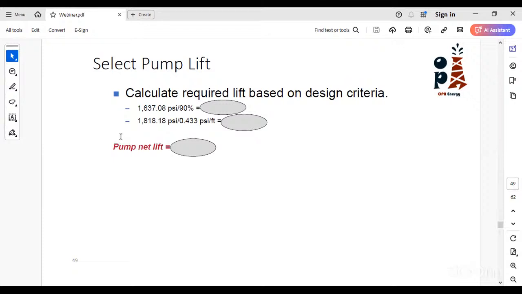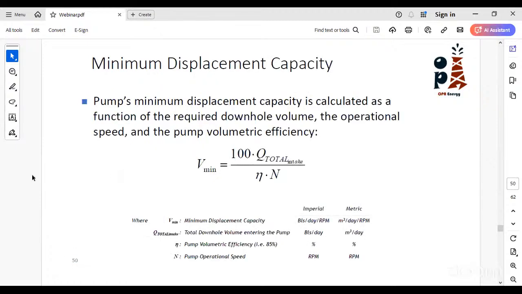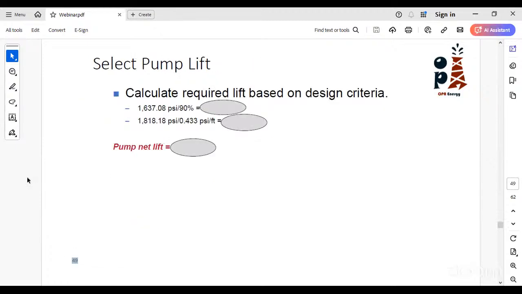So to convert this PSIs to how many feet of fresh water the pump can lift, we divide this number by 0.433, the density or specific gravity gradient of the fresh water, to get the net lift from your system. In this case, it will make around 4,100 feet of fresh water.